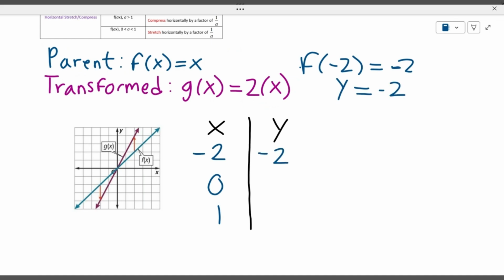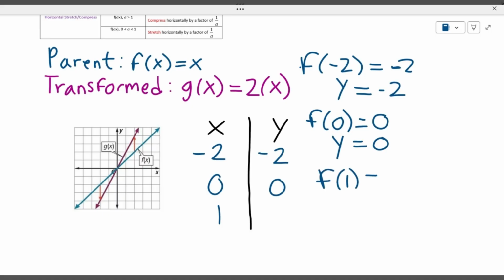If I plugged in 0 for x, I would get back 0 for y. If I plugged in 1 for x, I would get back f of x equals 1, or y equals 1.